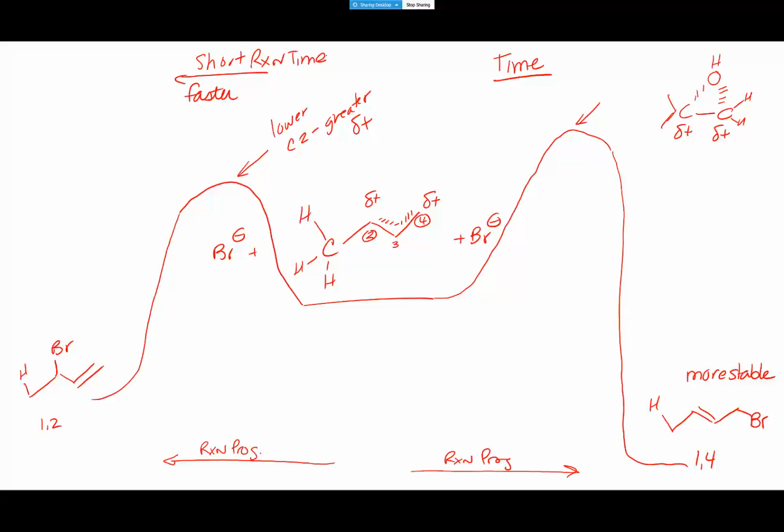Why? Because the 1,2 product is formed fastest because it has the lower activation energy. So if I react this a short time, I'm going to make more 1,2 than 1,4.